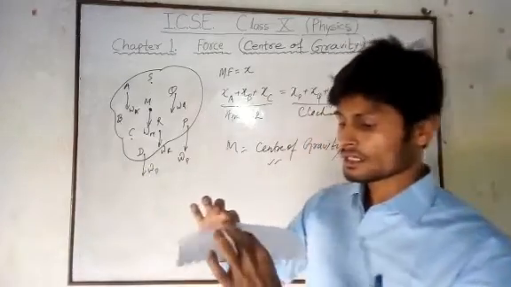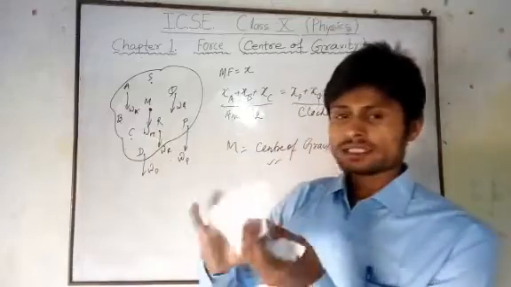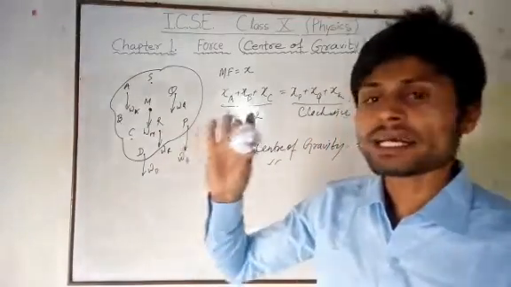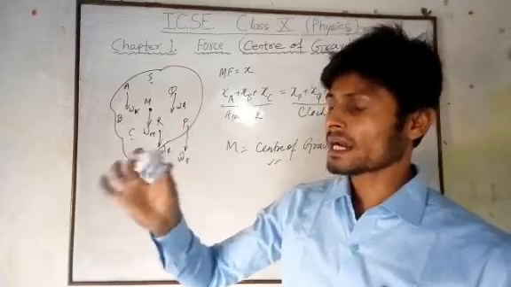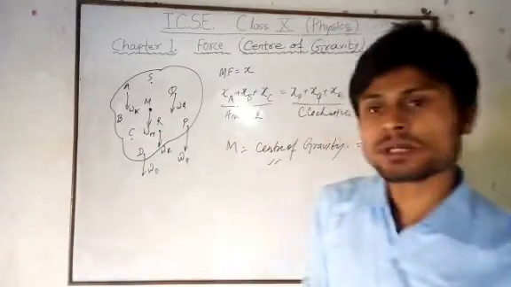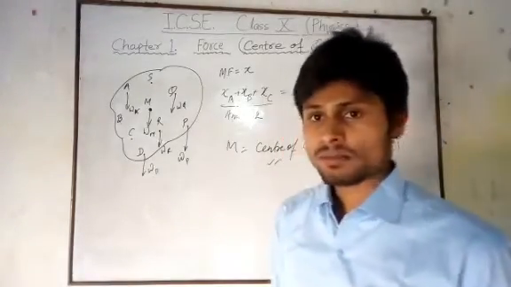So here the point M exists at the center. Now suppose I crumple the paper like this, then its center of gravity changes and is somewhere else now.